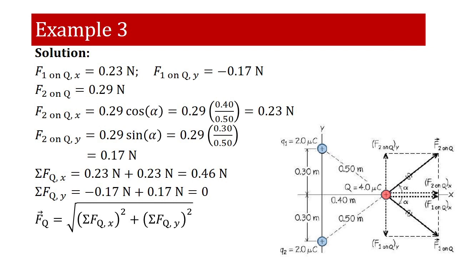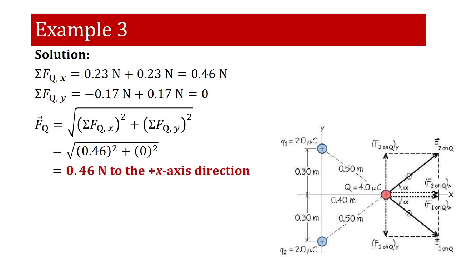You square both, you add, and you extract the root, you will get 0.46 newtons. And the final direction is going to the positive x-axis direction. As you can see, the y components are cancelled out. Only the x components remain, and both are going to the right. So, 0.46 newtons going to the positive x-axis direction.